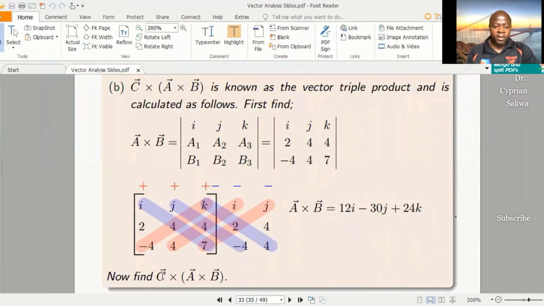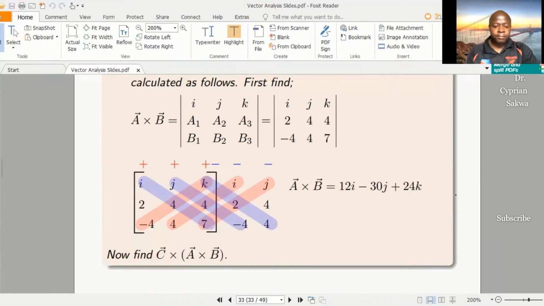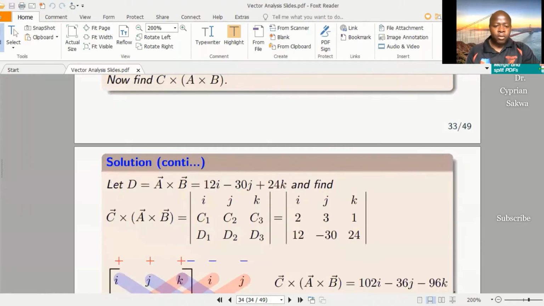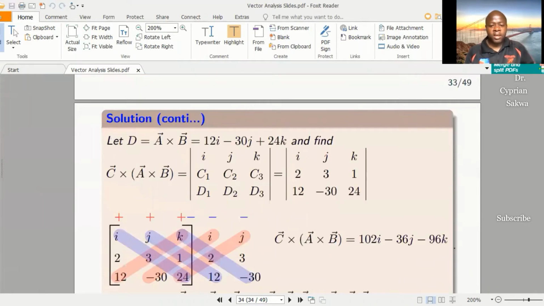I said now find C cross that. So I know what C is, and I now know what D is. So if D is this, and the question had already given me C, I now want to find the C cross this D.